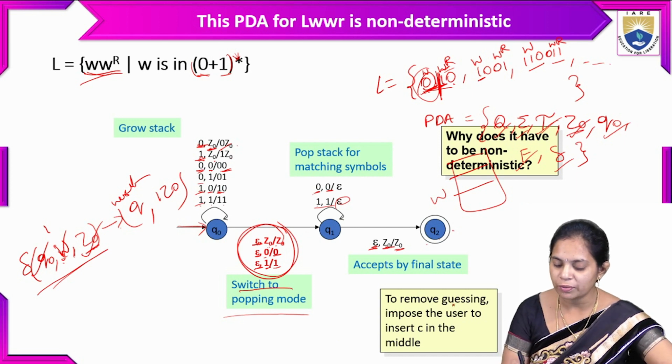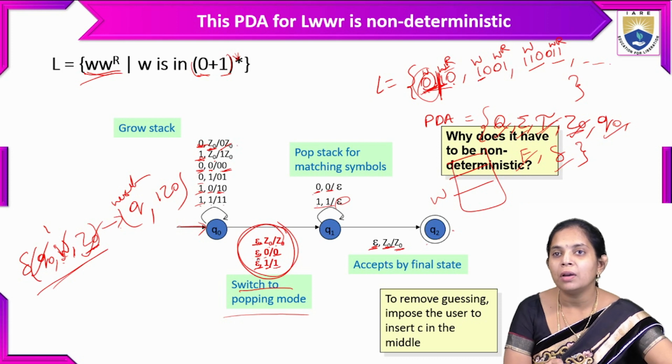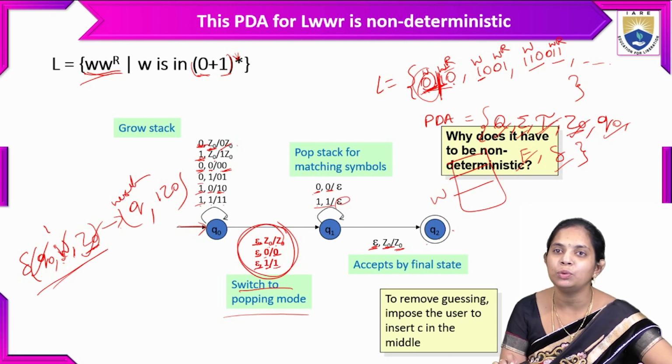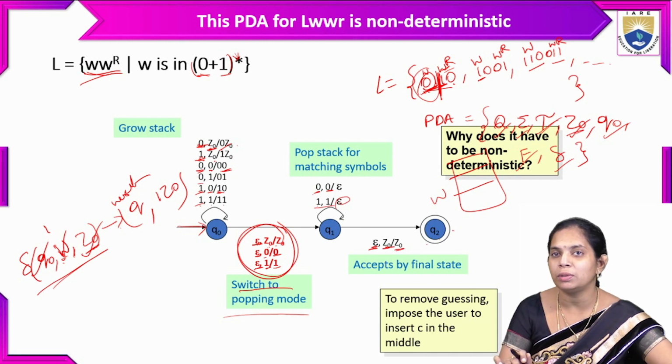So instead of guessing, we impose the user to insert C into the stack. Instead of this guessing, we have to give the symbol C in between W and W reverse. So how will we construct for W, C, W reverse?